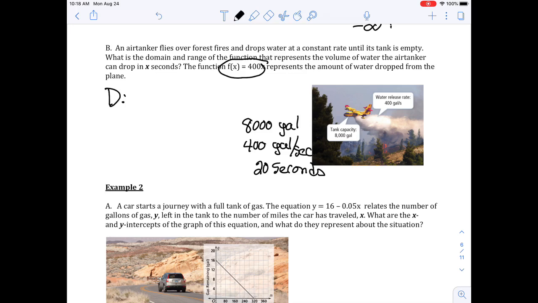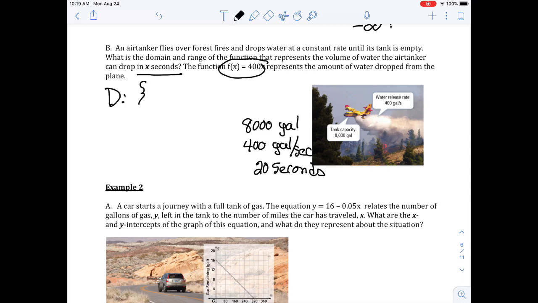And so our domain, which is our x value, which, as we said in the problem, is given to us as x seconds, is going to be written both ways. Let's write interval and let's write regular set notation.